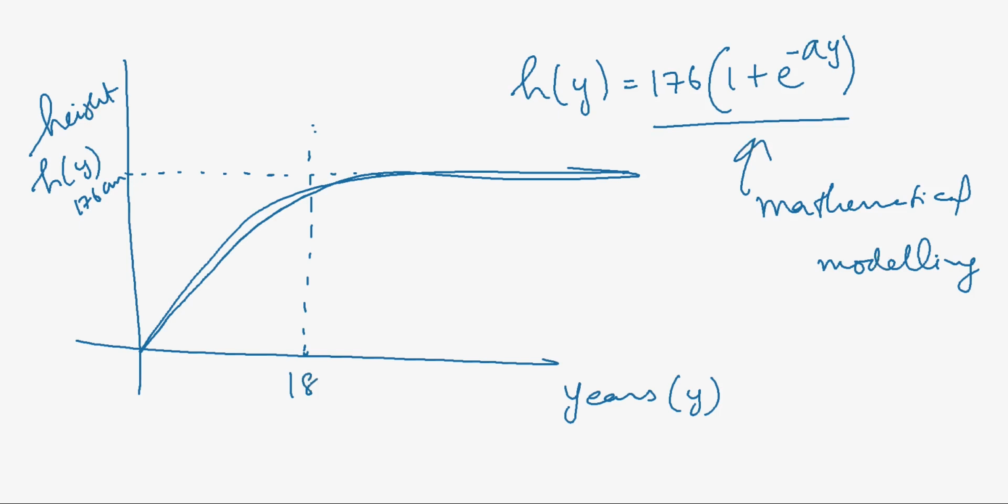What I am trying to say here is that when you put y equal to 0, that is when we are just born, this whole thing becomes 1, because e to the power 0 is 1.